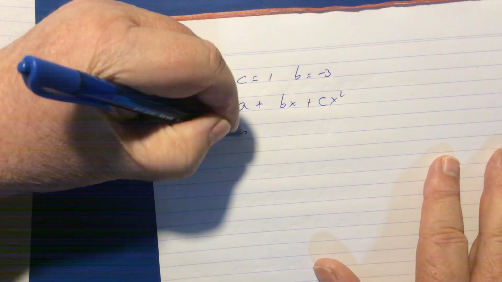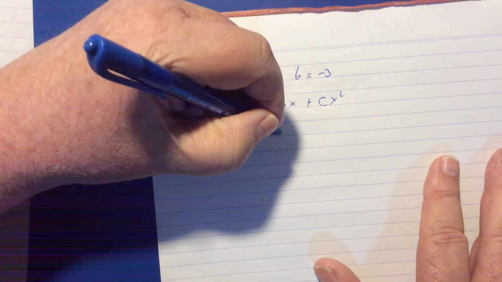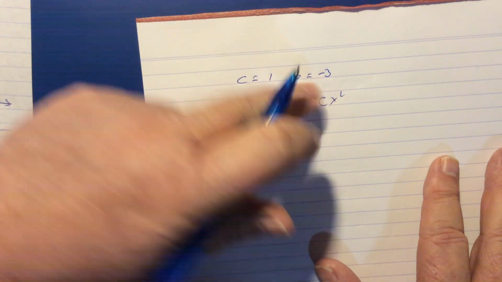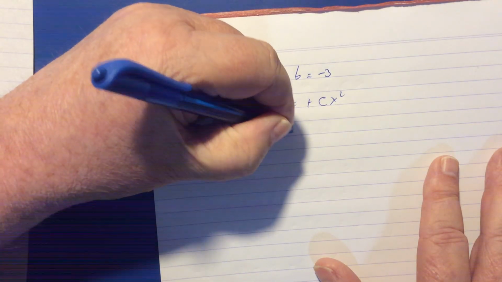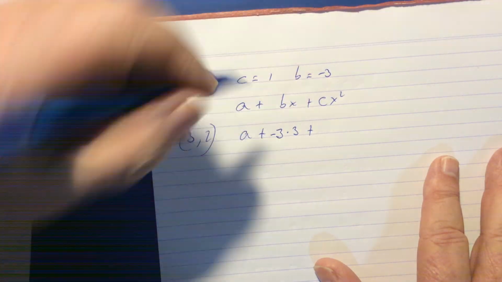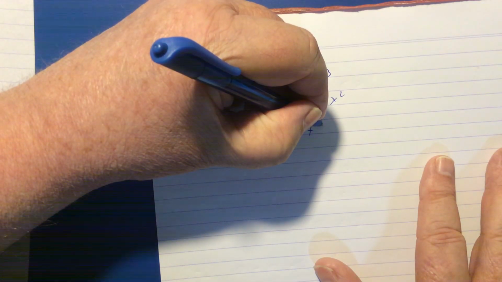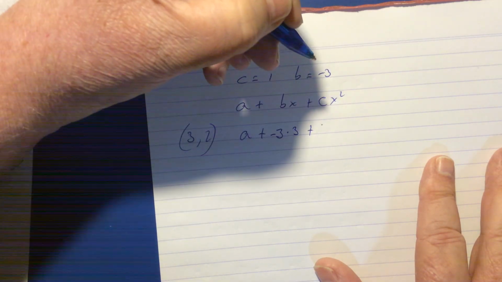So a plus negative 3 times 3 plus 1 times 3 squared, which is 9.